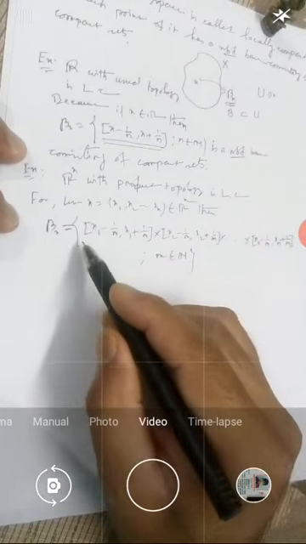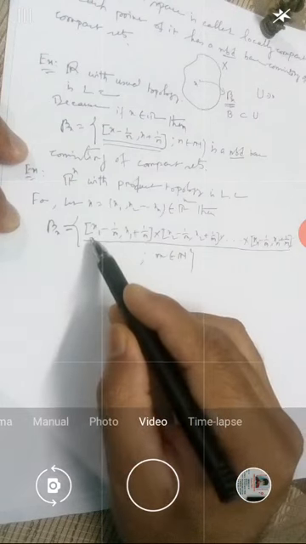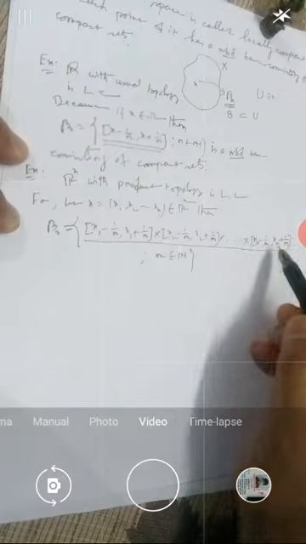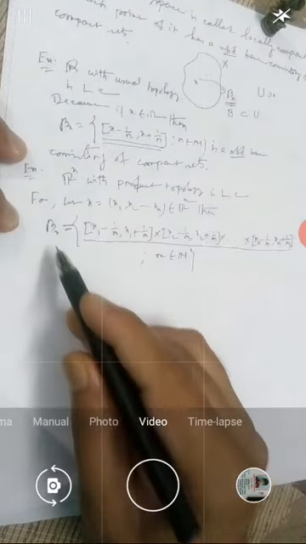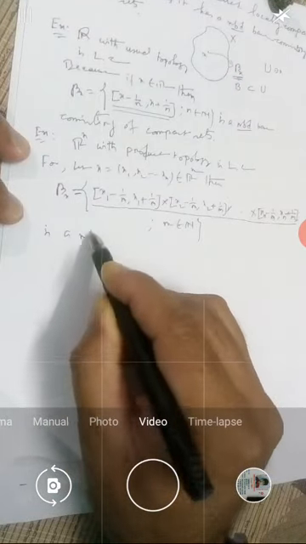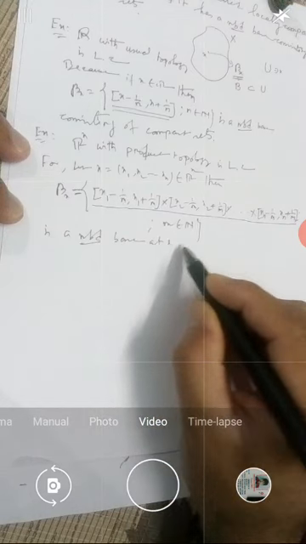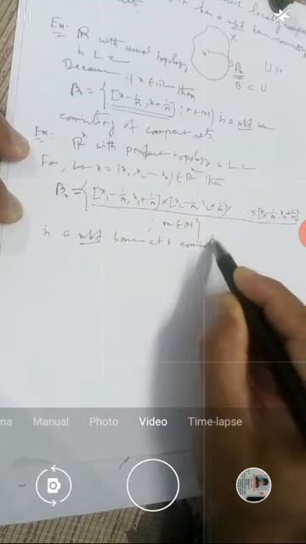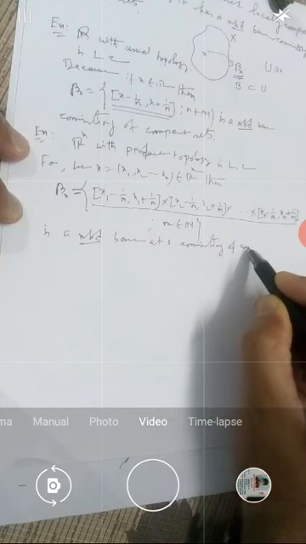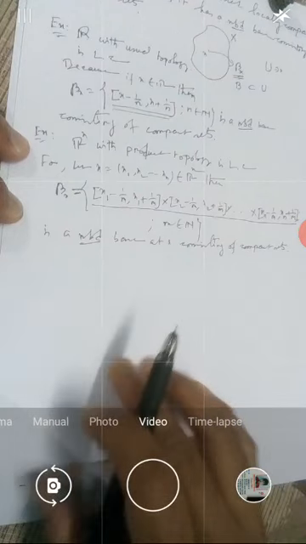Here every member of this beta is also compact because every factor is compact. So by Tikhonov theorem, this product is also compact. And it is also a neighborhood base at x consisting of compact sets.